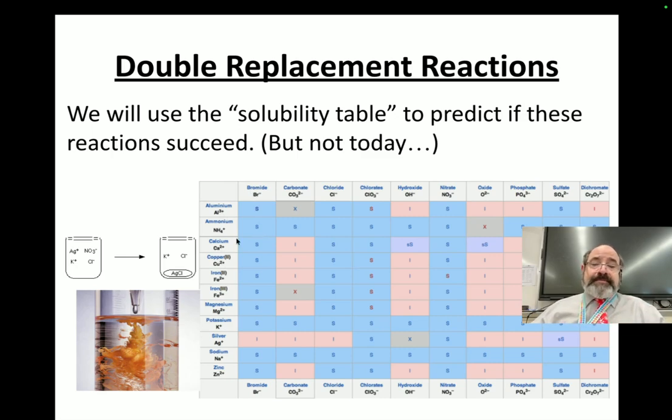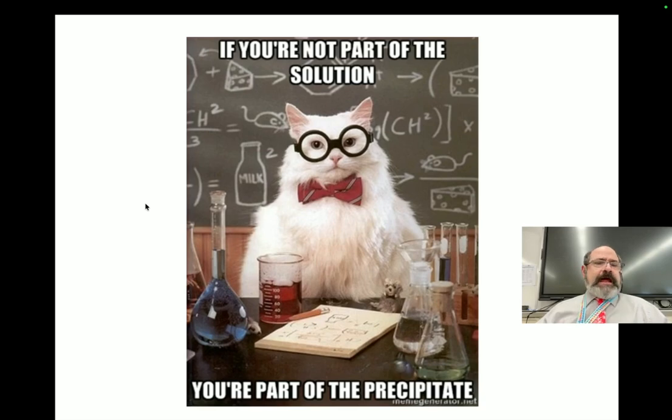So that is soluble. Calcium and carbonate is insoluble. That means it makes a precipitate. So we'll give you the chart, and we'll do that when the time comes. Okay, and here's the precipitate coming out, forming on the bottom. Okay, and of course, if you're not part of the solution, you are part of the precipitate.